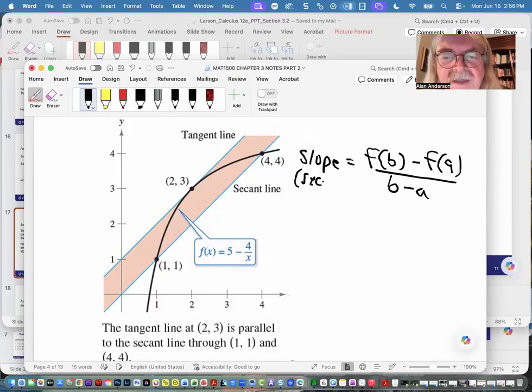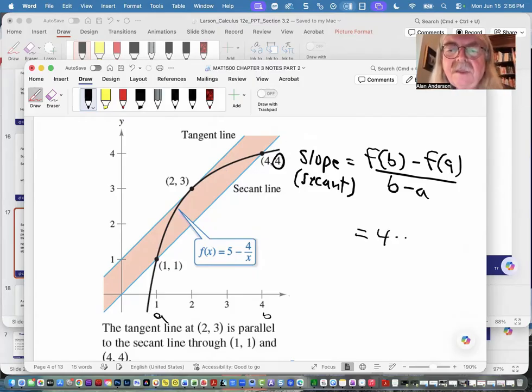I'll write this here to make it crystal clear that we're dealing with the secant. F of B, so think of this as A and B. Therefore, F of B is 4. F of A is 1.